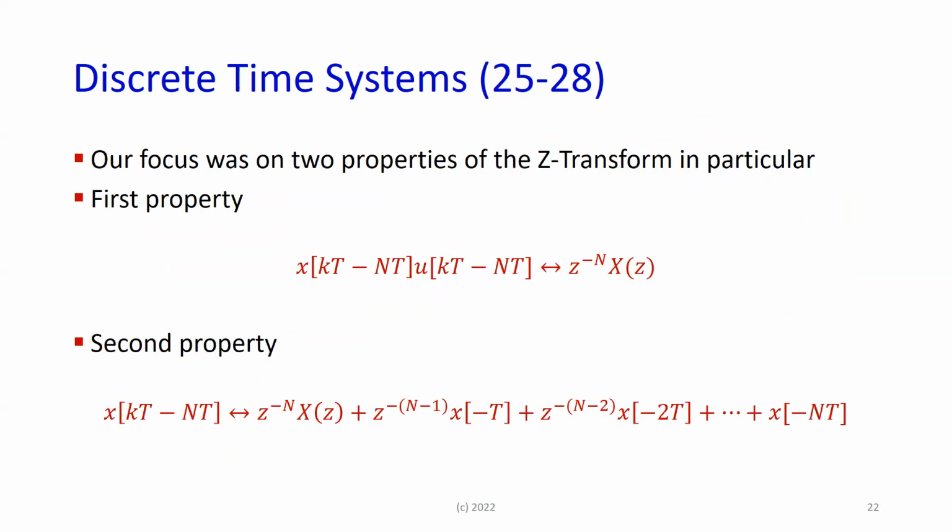And then our focus was on two properties of the Z transform, which were analogous to the differences here, analogous to the derivatives in the continuous time domain, right?